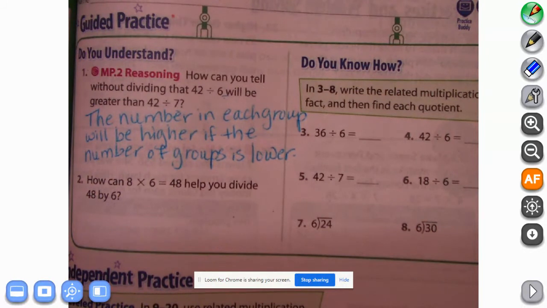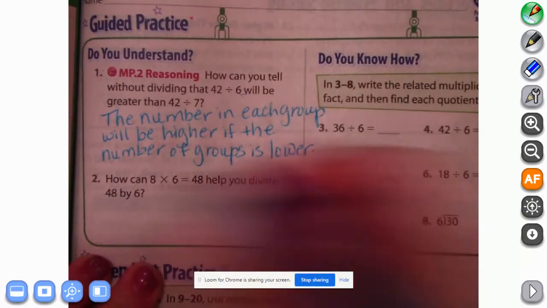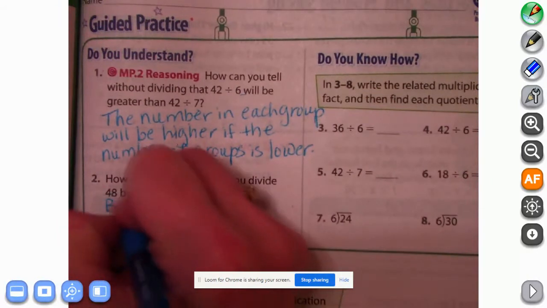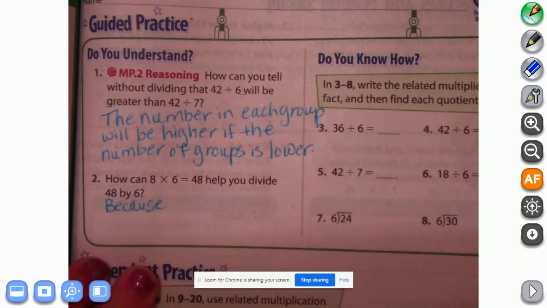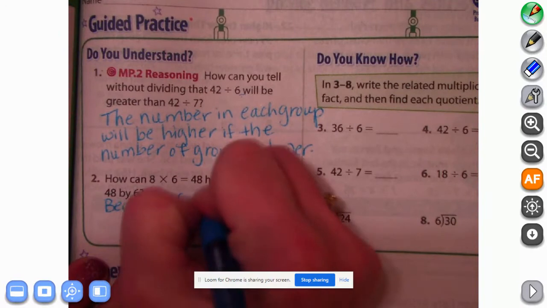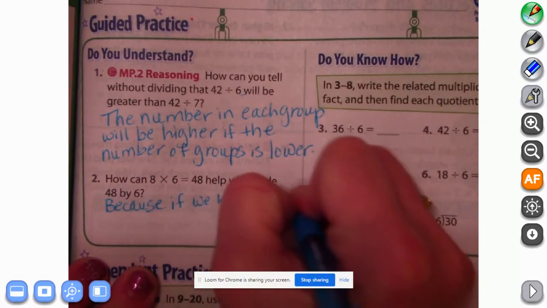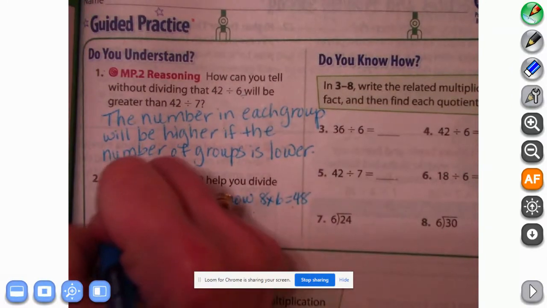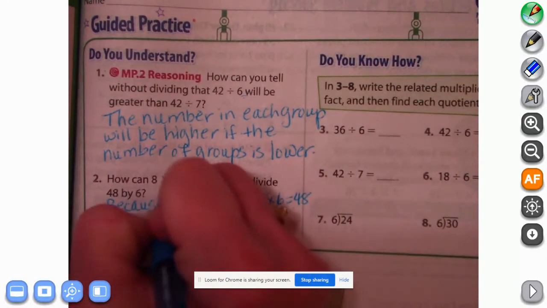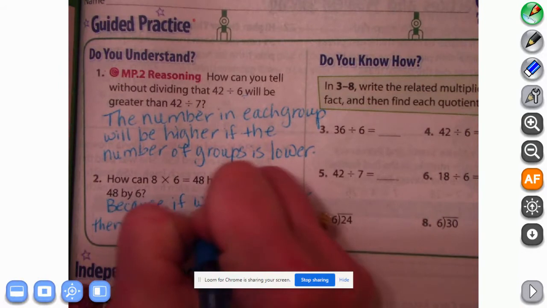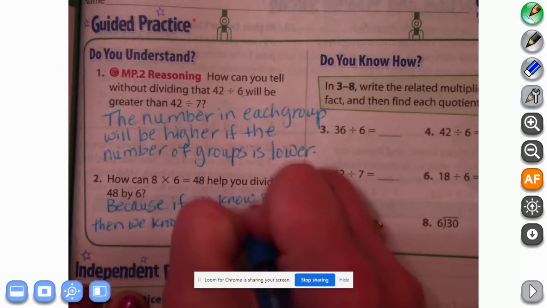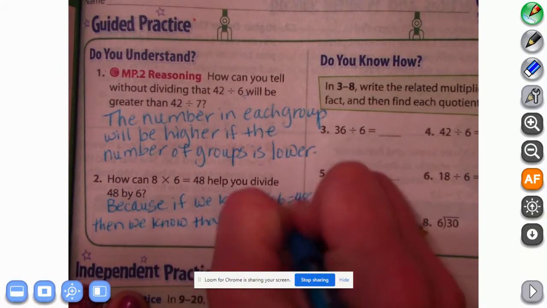All right, number 2: how can 8 times 6 equals 48 help you divide 48 by 6? Okay, how does it help? Because if we know 8 times 6 equals 48, then we know that 48 divided by 6 will equal 8.